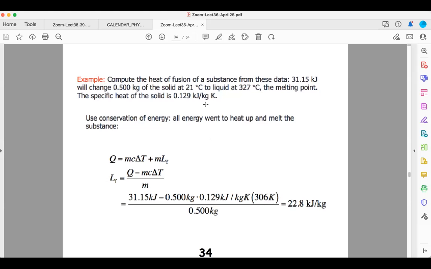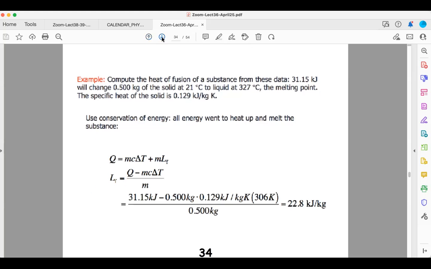Although with delta T, you can use it, you don't need to change it. Remember, also Mike said the other time, delta T for Celsius or delta T for Kelvin are the same. So you don't actually need to convert 21 C and 327 C into Kelvin and then do delta T. You can just do delta T, because they are the same. And so we just write 306 Kelvin. We do all the calculation and we find 22.8.